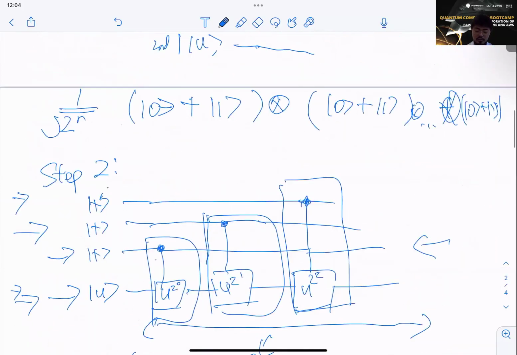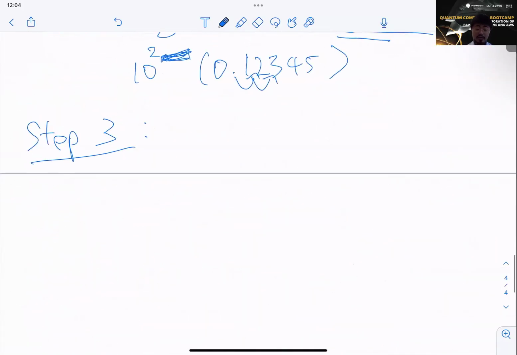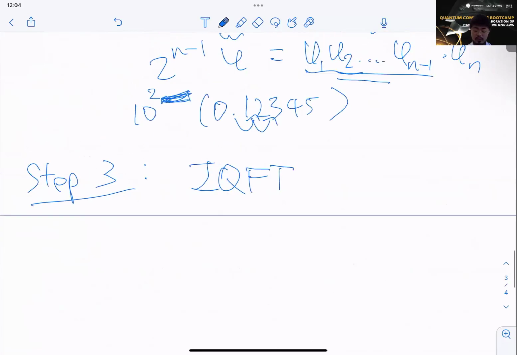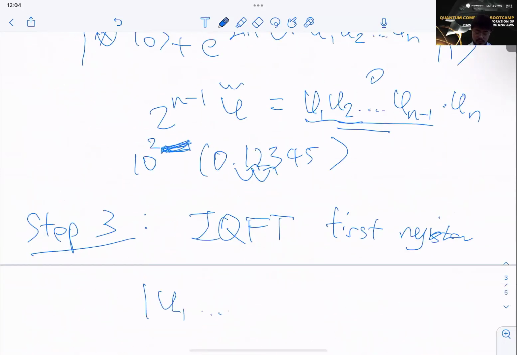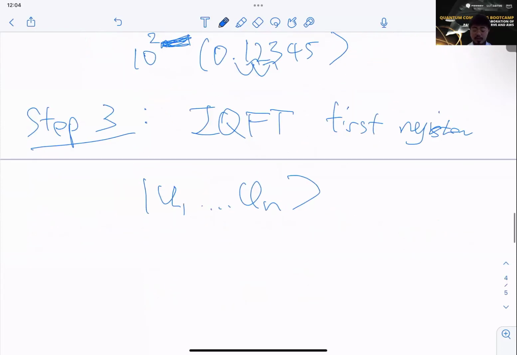And so the third step is just to implement the inverse QFT, which you all have learned how to do in the previous lecture. We just do the inverse QFT on the first register, and we get back u1, un. Okay, and then we just measure this, and we get our answer.